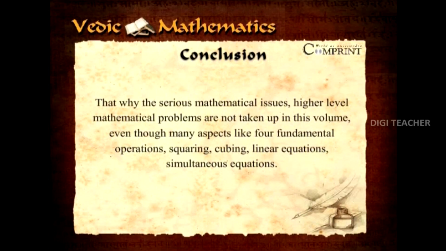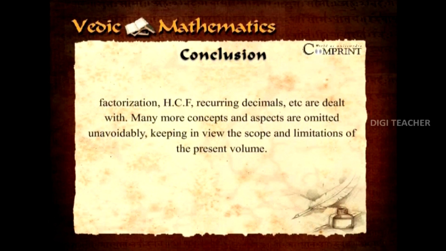That's why the serious mathematical issues, higher level mathematical problems are not taken up in this volume, even though many aspects like 4 fundamental operations, squaring, cubing, linear equations, simultaneous equations, factorization, HCF, recurring decimals are dealt with.